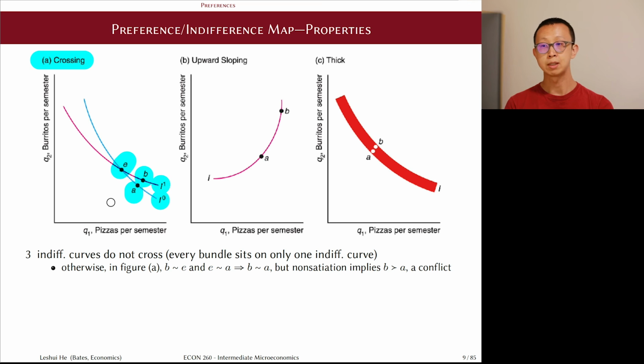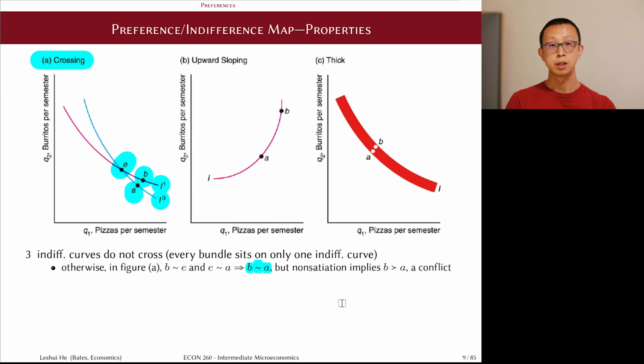And therefore, by transitivity, we must have that consumption bundles A and B are indifferent. But now it becomes a contradiction to non-satiation, because clearly consumption bundle B offers more of both goods, and therefore, because the consumer's preference must satisfy non-satiation, the consumer must prefer B over A, and therefore they cannot be indifferent.